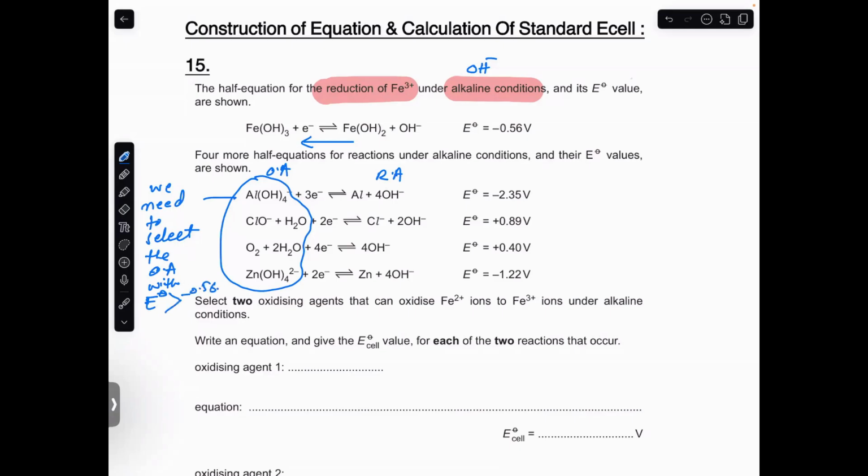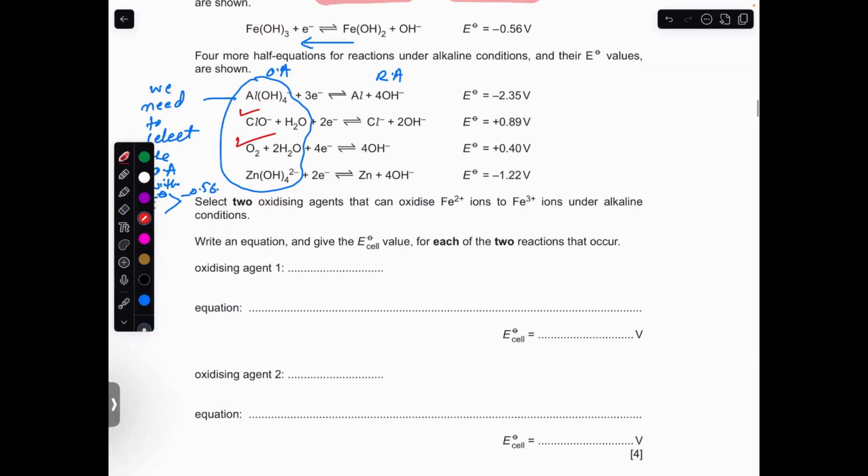So which one is more? This is less, this is more, this is more, this is less. Definitely, so it's decided, easy. This one and this one. So select 2 oxidizing agents and then write an equation and E cell for each of the 2 reactions that occur.